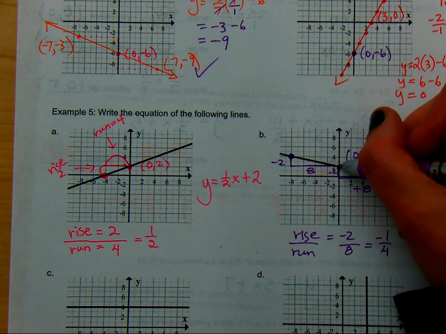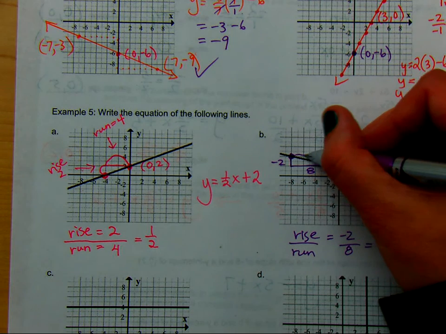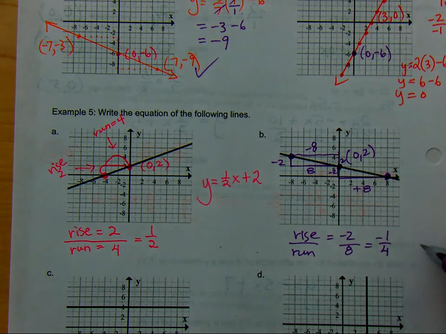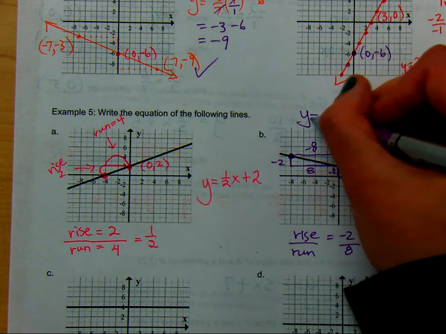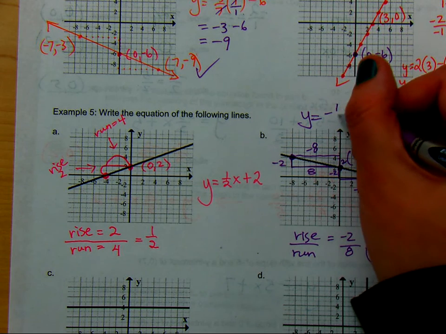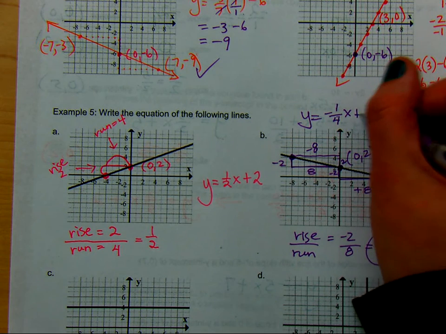And by the way, if I went from here to here, I could go rise 2, run negative 8. So see how this would be a positive 2, negative 8, same thing. Positive 2, negative 8, slope is negative 1/4. What's the equation of this line? Put it all together. Y equals negative 1/4 x plus 2.